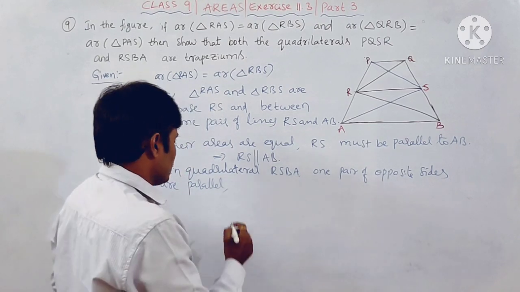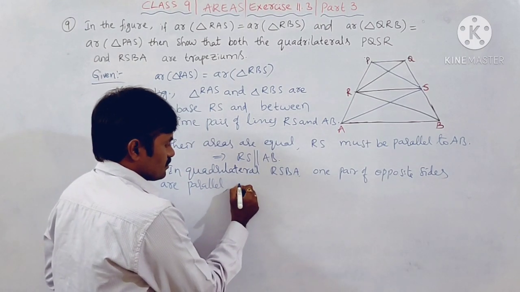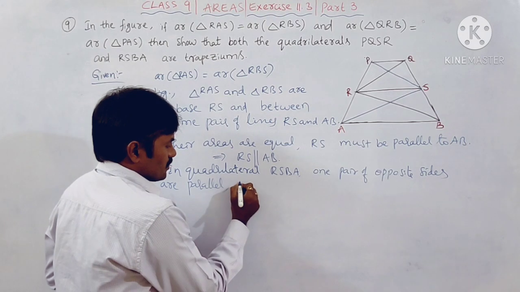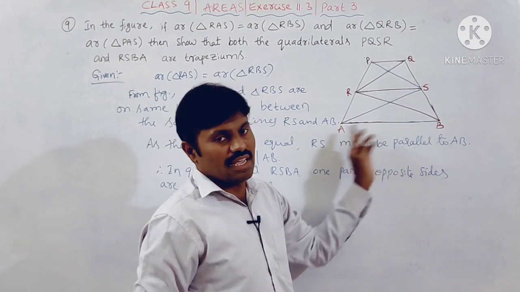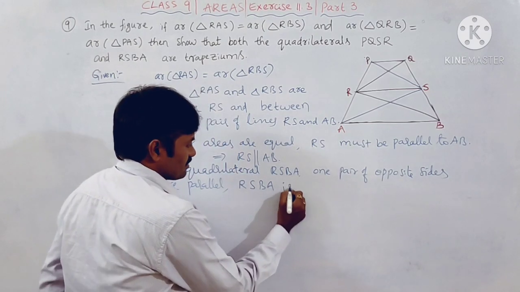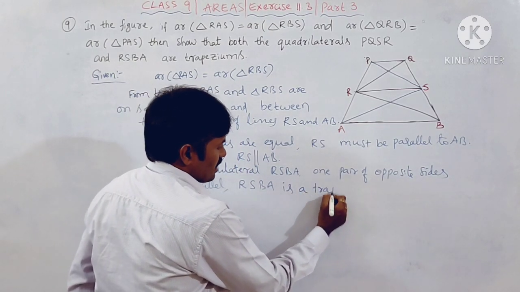Then what can you say? We can say that RSBA is a trapezium.